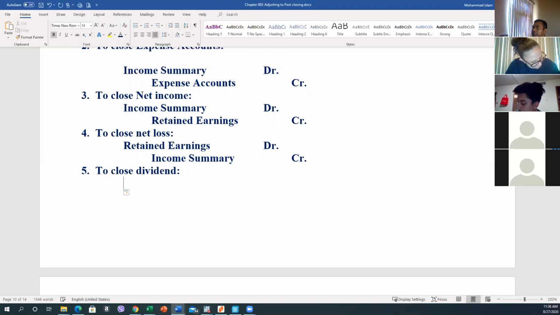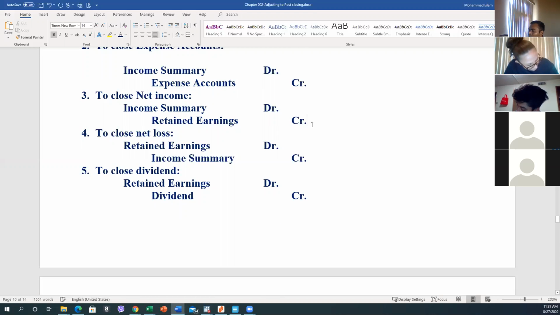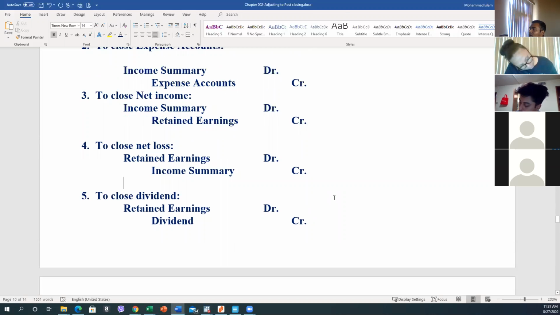So if retained earnings decrease, retained earnings is debited for the dividend paid and dividend is credited. Okay, this is how we prepare the closing entries. You got it?